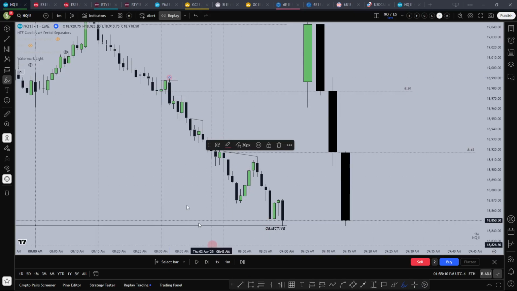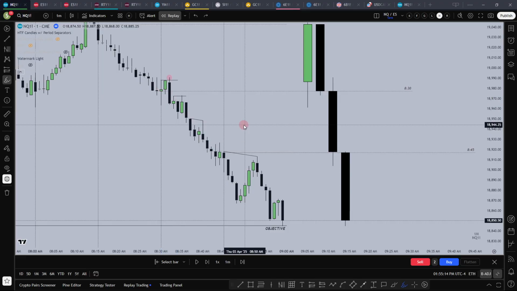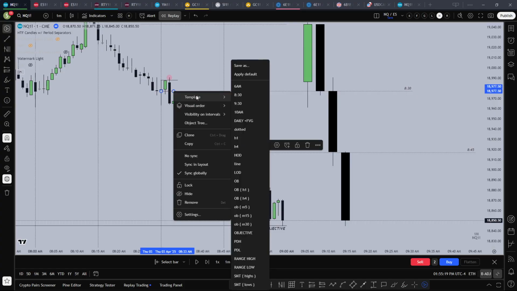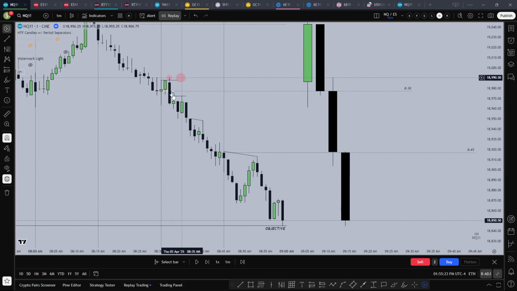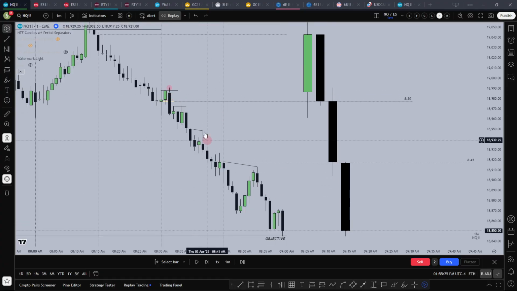You can use this as an entry, or after order block formation, or you can use this as a framework. If you are not able to trust this, then you want to use continuation entries, right? This sweep of a high and closure below here, this is a continuation entry.